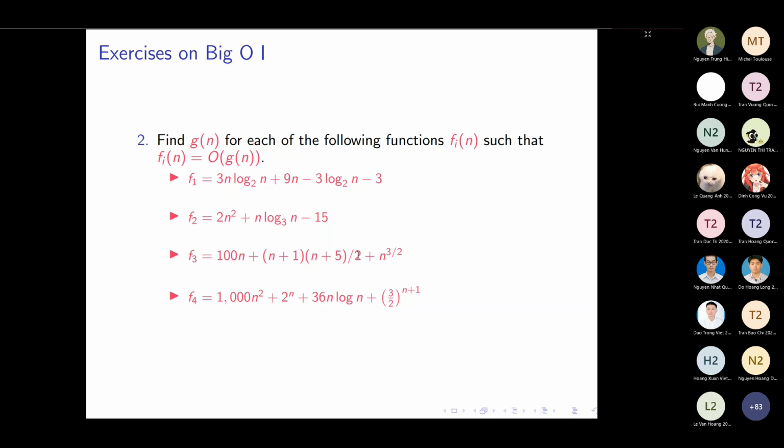Okay, what's your answer? For n squared belongs to big O of n cubed, it is true because, let's see. Oh, I'm sorry, I mean F3, part 3 and 4 of exercise 2. Not exercise 3 yet.